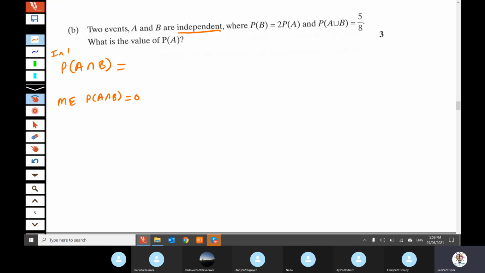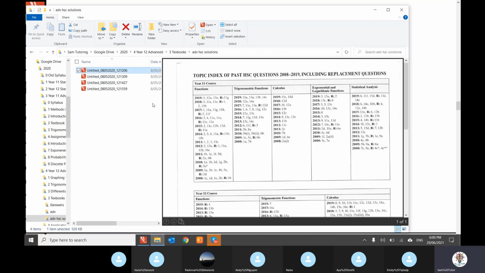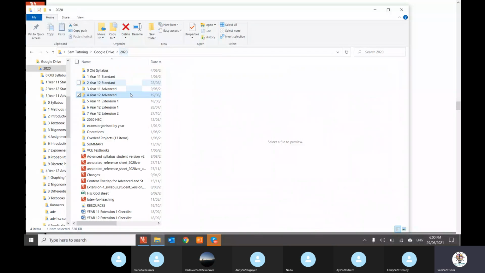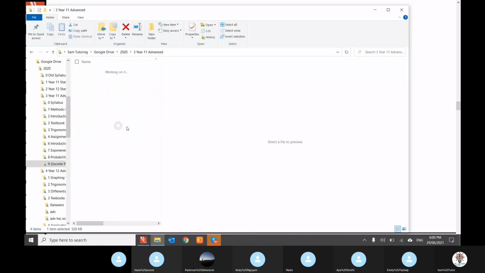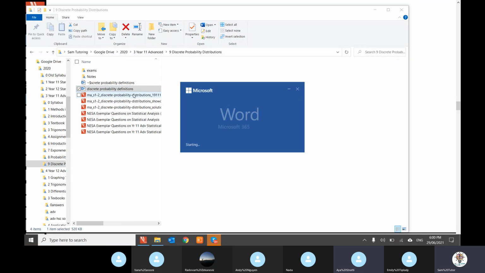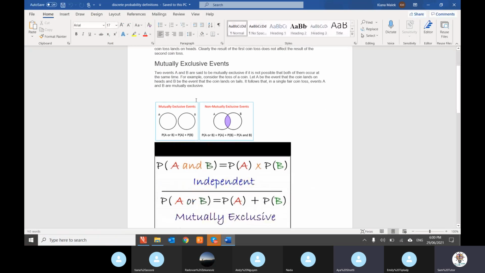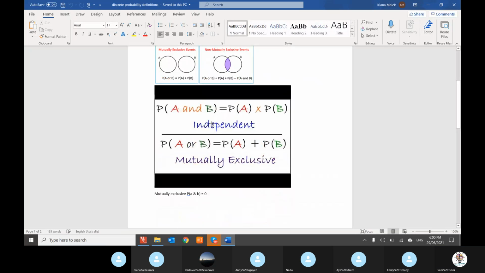What did you get, Tiana? I don't know the formula, but I understand that they're unaffected. If you flip a coin the first time, it doesn't affect the second time. The formula should be there. Year 11 advanced. I think it's probability of A times probability of B. Yeah, right there.